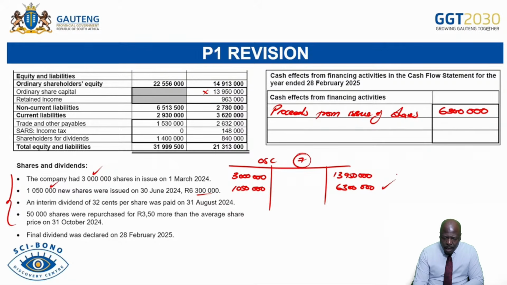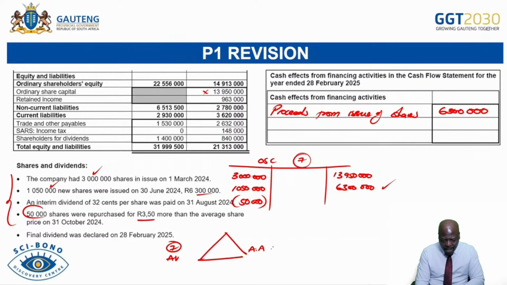And then the next thing is they say 50,000 shares were repurchased. So I'm coming here to open bracket. 50,000 shares were repurchased. So here we're told at 350 above the average. So you remember the triangle. Here you're going to get your average price. This is note number 7. Here you're going to get the above average.